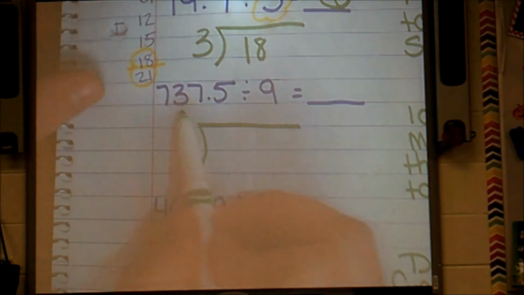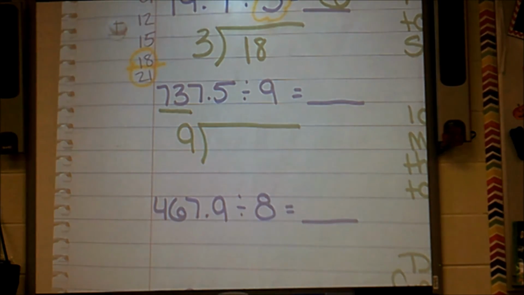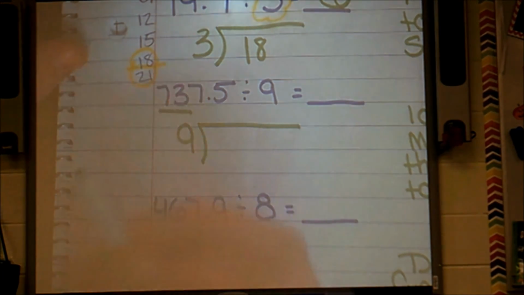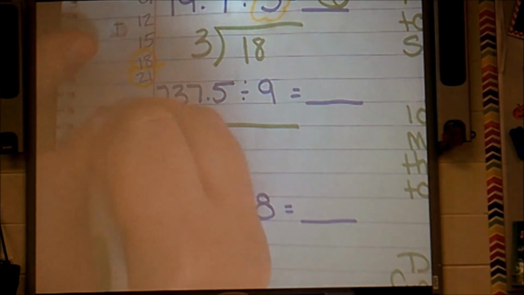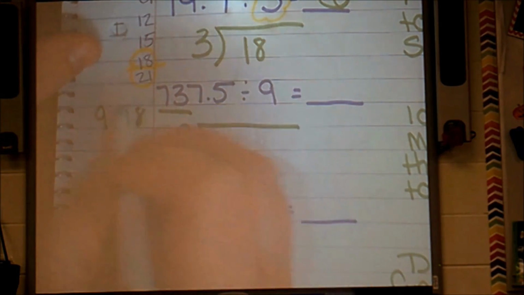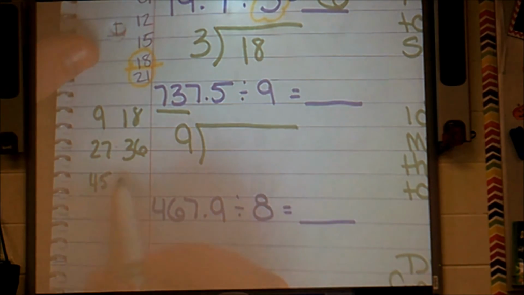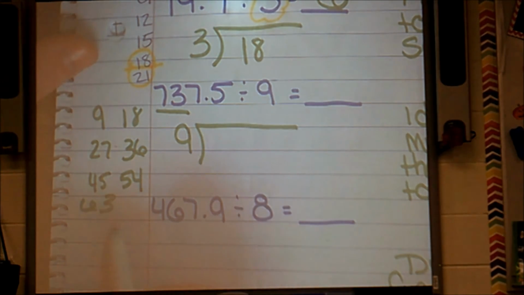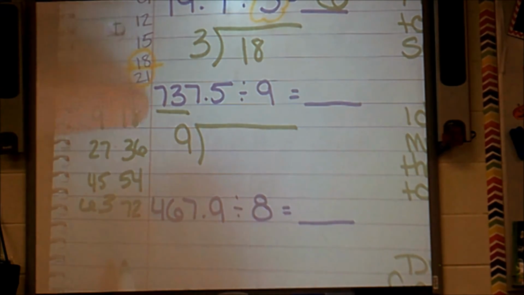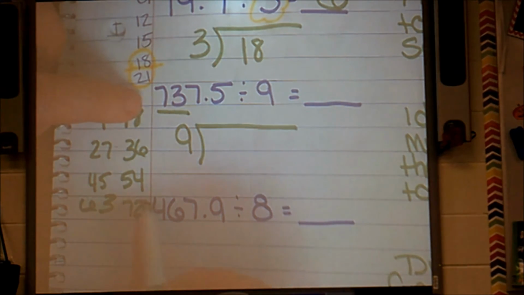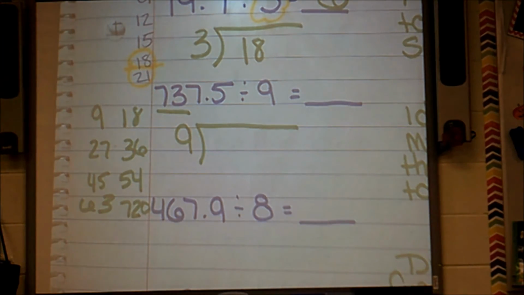But I can count close to 73 by 9. 9, 18, 27, 36, 45, 54, 63, 72. Whoa, 72, and then I add a 0, and it mimics what I have there.